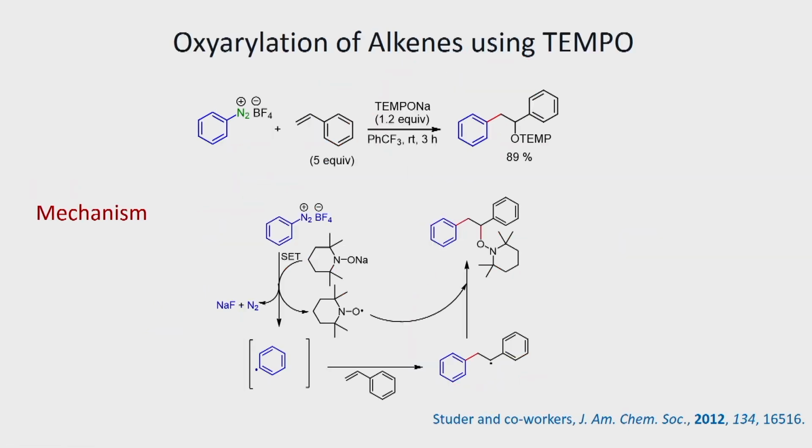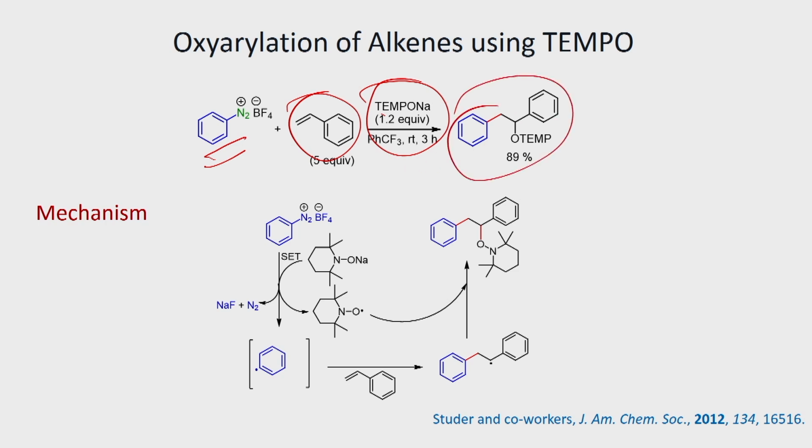So the next reaction involves the coupling of diazonium salt with styrene using the radical initiator TEMPO to give this addition product, as you can see here. This reaction involves a radical pathway. In the mechanism shown here, the diazonium salt can be reduced to the radical by a single electron transfer process from the salt.